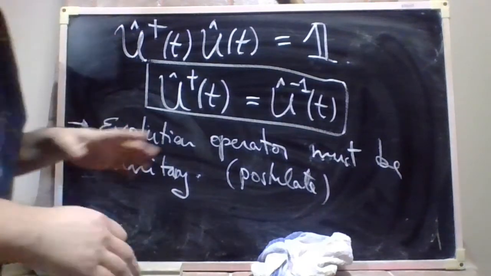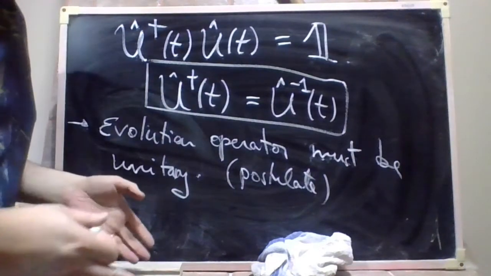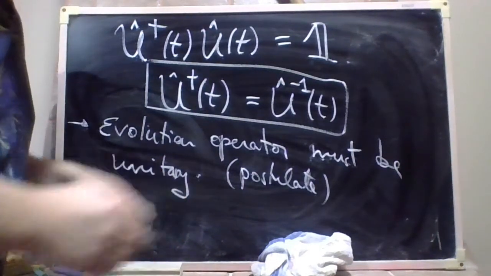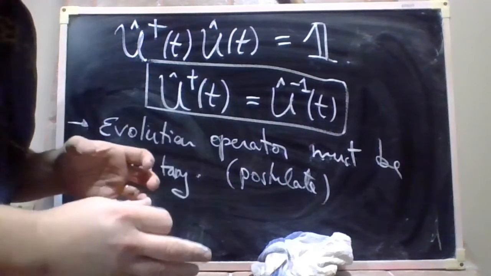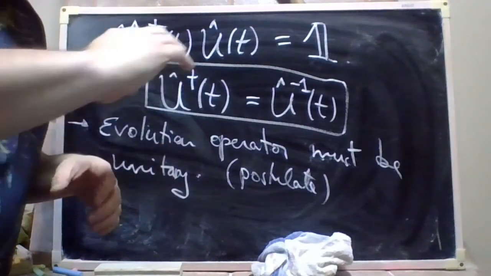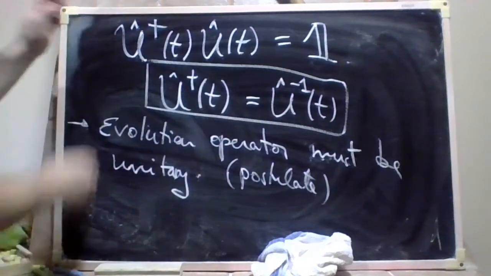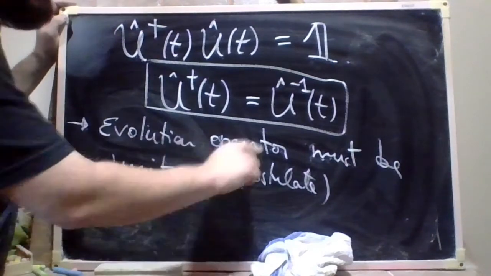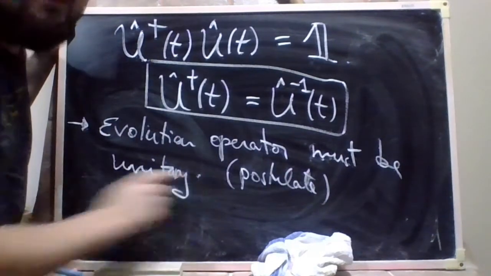But also, if you drop the probabilistic interpretation in quantum mechanics, usually in other interpretations, it also holds that evolution or coordinate transformations must be done by unitary matrices, by unitary operators.